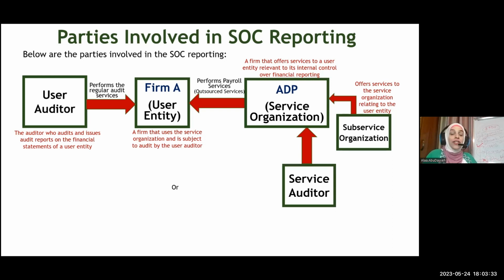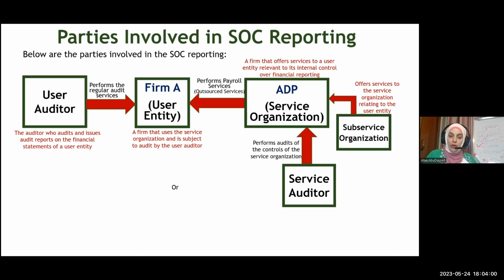Now, it's very important to differentiate between a user auditor and a service auditor. Here, it may be a bit tricky because we have two auditors involved. The service auditor is the auditor who performs the audit of the controls of the service organization.